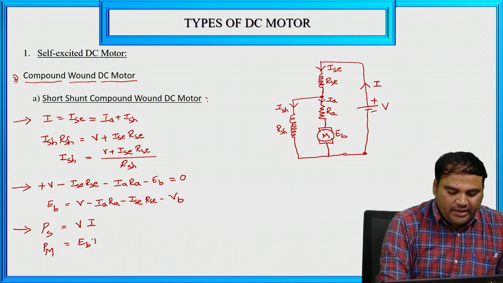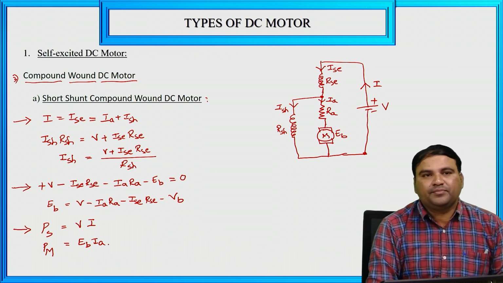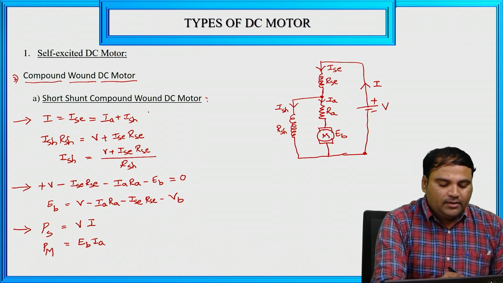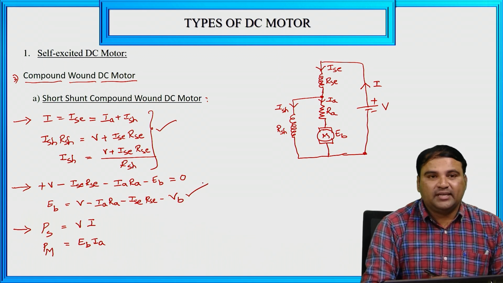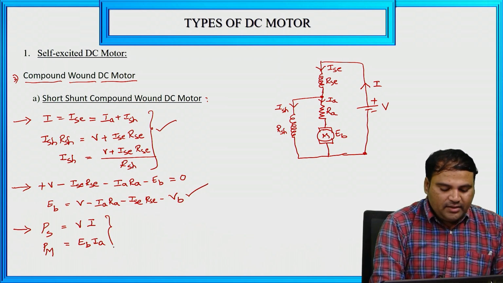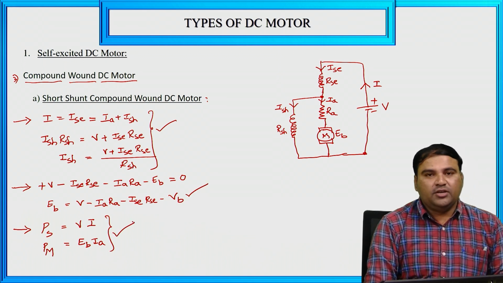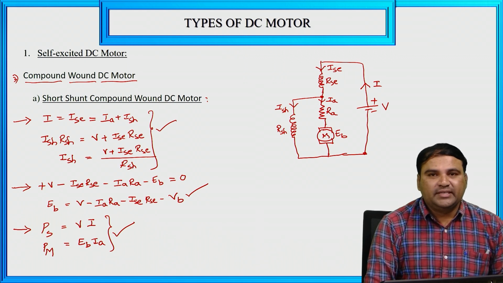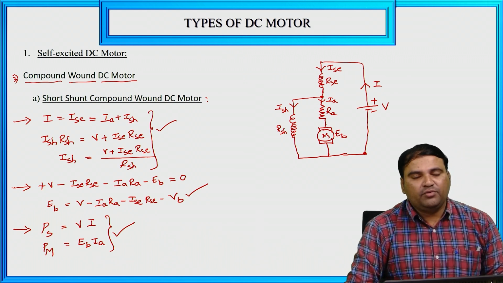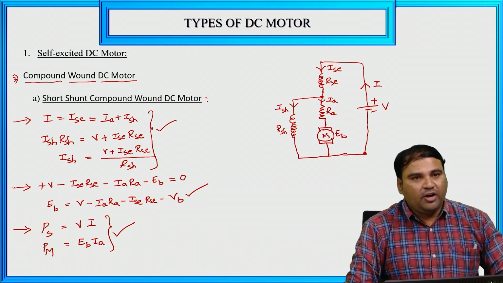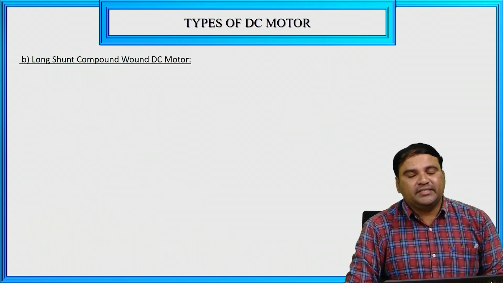So these are the current relations, this is the voltage relation, and here is the power relation of short shunt compound wound DC motor. Okay. So the second type of compound wound DC motor is long shunt compound wound DC motor.